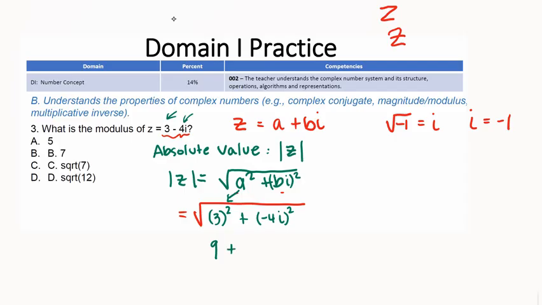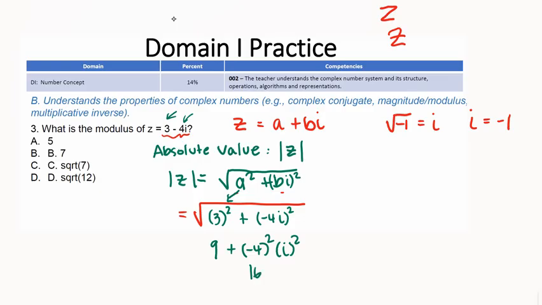Good. Now this one here, it's -4 squared and i squared. Why? Because I distribute the 2, this 2 I distribute here and there. So -4 squared means positive 16.